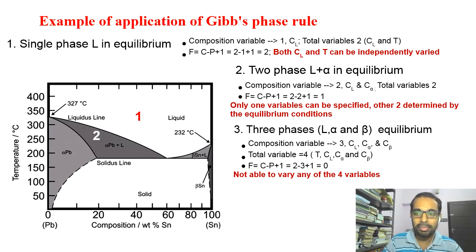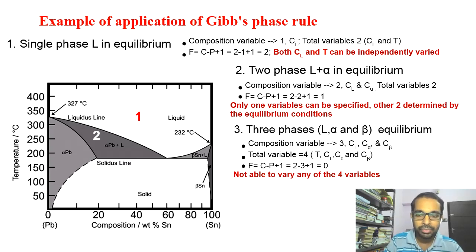The other variable is temperature, so the total number of variables V is 2.